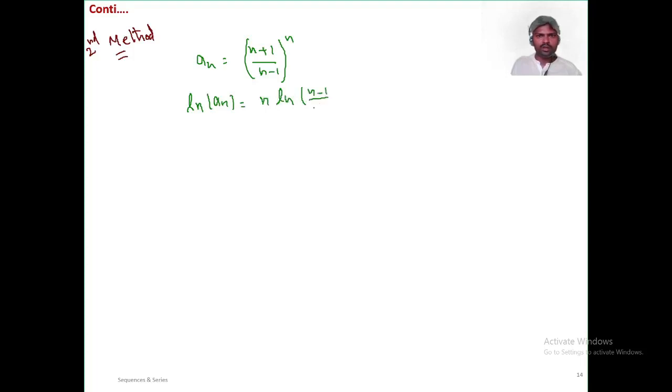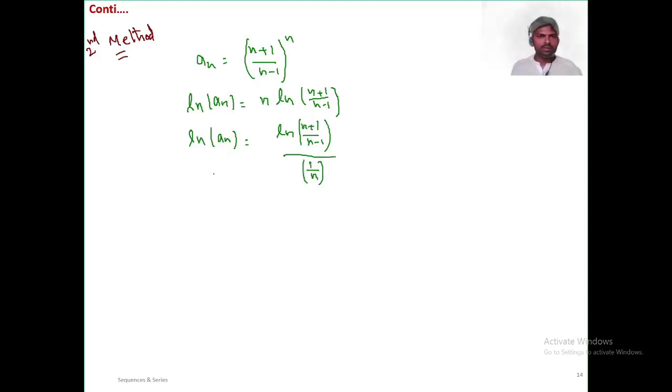Then simplify this. Ln an is equal to ln of (n plus 1 by n minus 1), divided by 1 by n. Write this n as 1 by n; this n comes down as 1 by n.